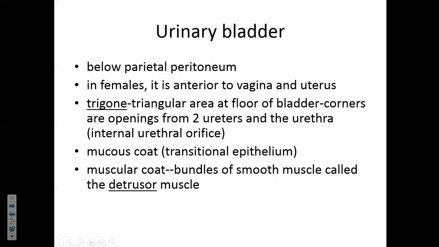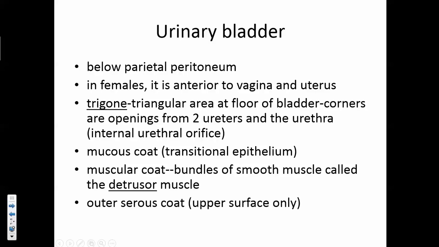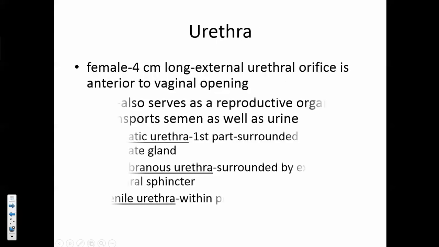And that's the reason you have to have transitional epithelium, because the muscle can't stretch as much, so the epithelium can stretch or distend. Okay, and then the outer part of it is a serous layer, and that's just at the upper part. That would be that parietal peritoneum coming across. That's kind of weird. But I'll come back to the urethra.